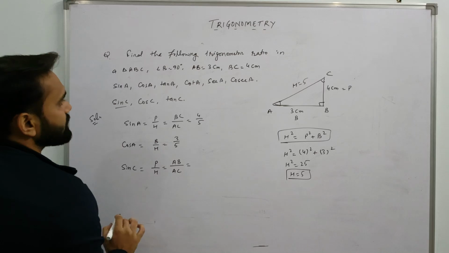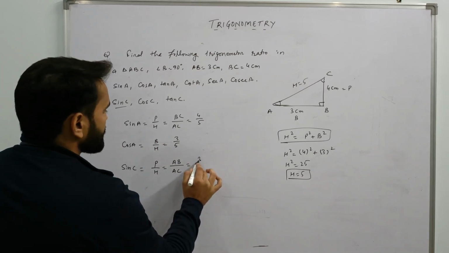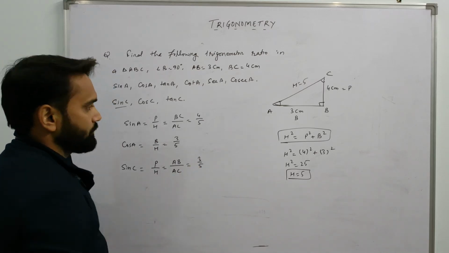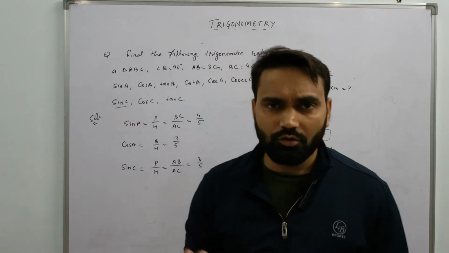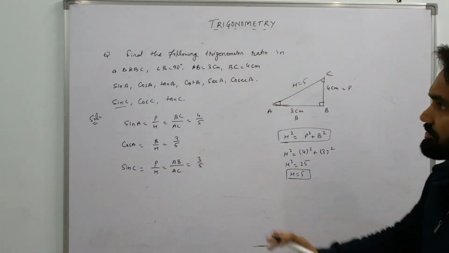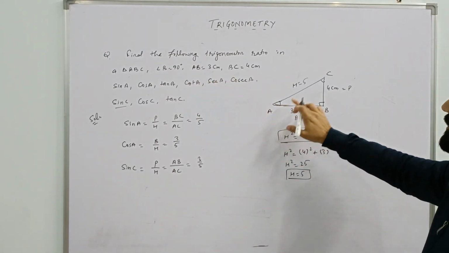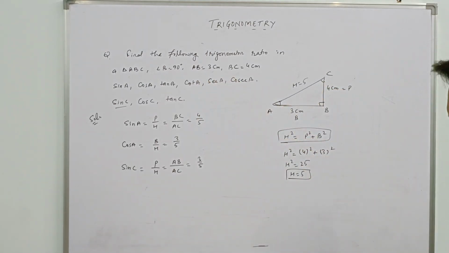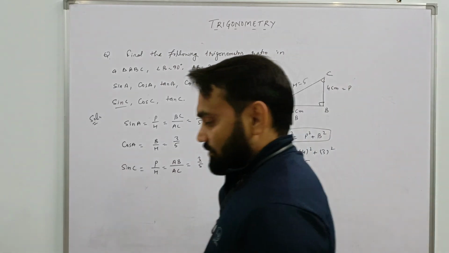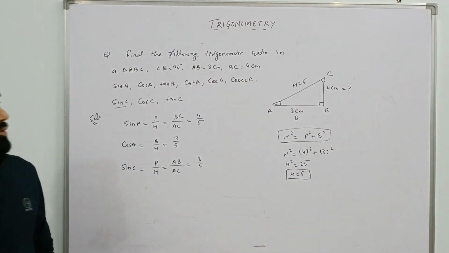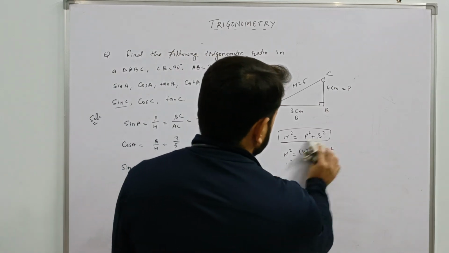So sin C will be equal to 3 upon 5. Okay, so in this way we can find all the trigonometric ratios of these two acute angles. Okay, now let us try to find the solution of our problem.